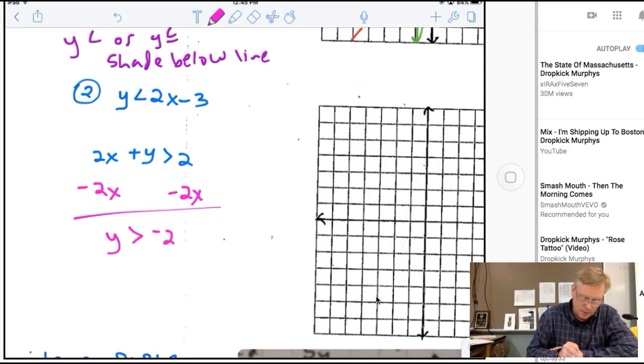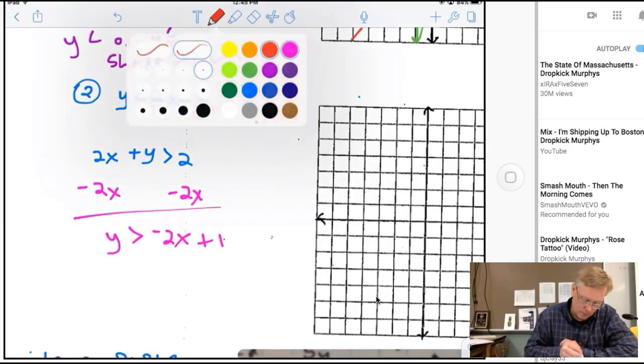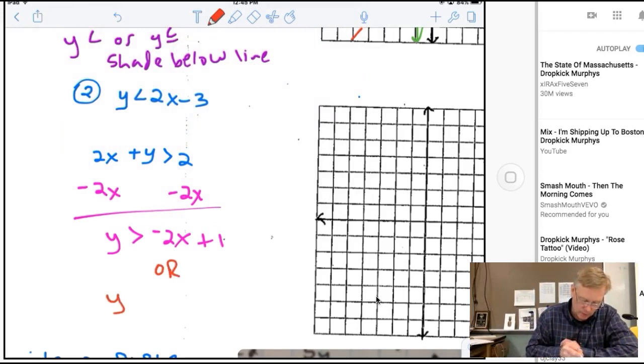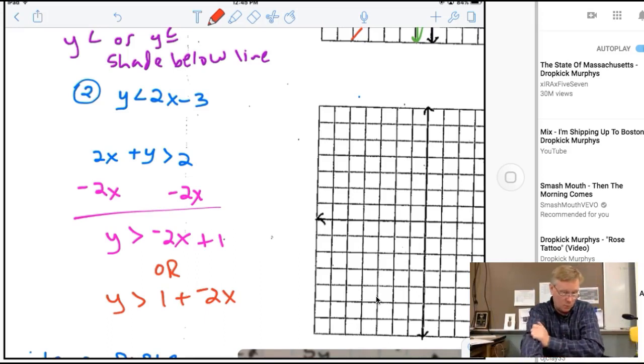I usually put the negative 2x first, because then the slope is first, the y-intercept is second, but I really don't care. You can have it the other way if you'd like also. As long as you know that when I write y is greater than 1 plus negative 2x, that 1 is still the y-intercept and negative 2 is still the slope, that's fine, okay?